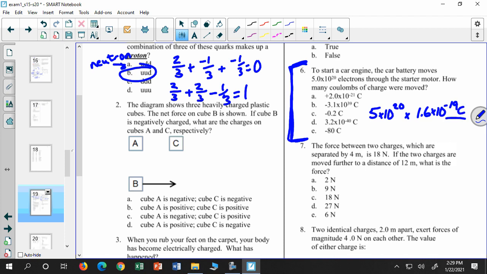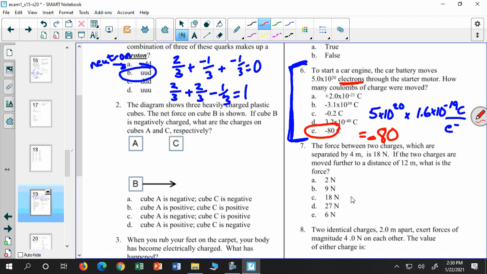That is coulombs per electron. This is the number of electrons, the 5 times 10 to the 20th. And that's equal to, what is that? I think it's 80. And because it's electrons, it's going to be negative 80. So E is the right answer. You get a pretty big current when your car first starts up. Don't ever touch it. It smarts.